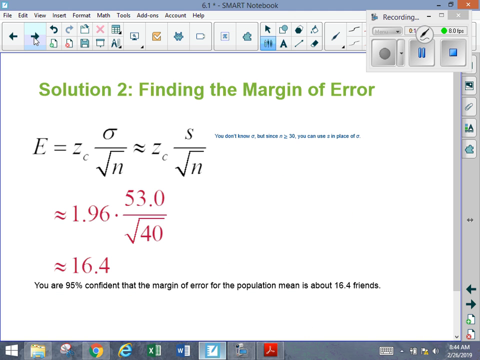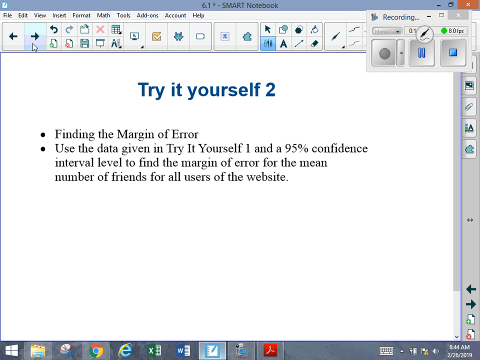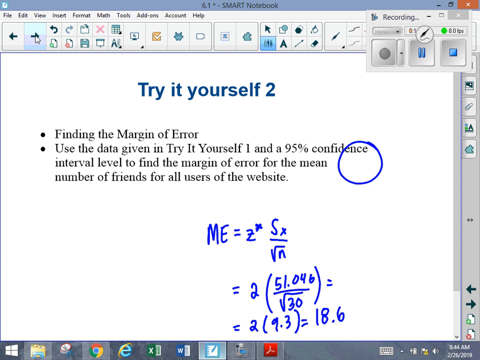All right, let's go again. Let's find the margin of error, and now I think we'll be given all the information. What in the world is going on with this?